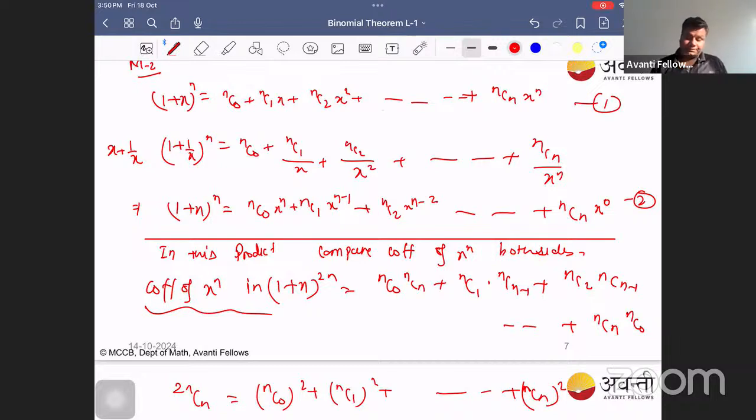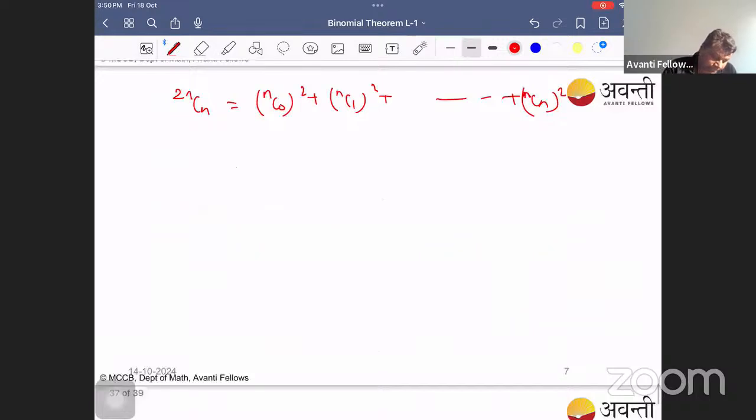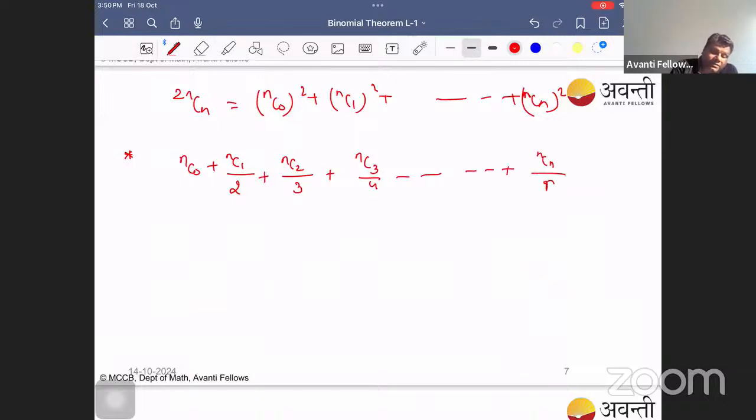Got it? Now, another is nC0, nC1 upon 2, nC2 upon 3, nC3 upon 4, and so on, nCn upon n plus 1. This is (2 to the power n plus 1 minus 1) upon n plus 1.